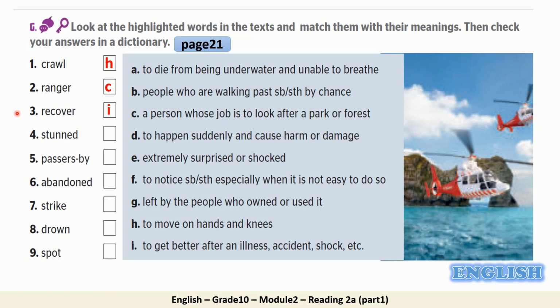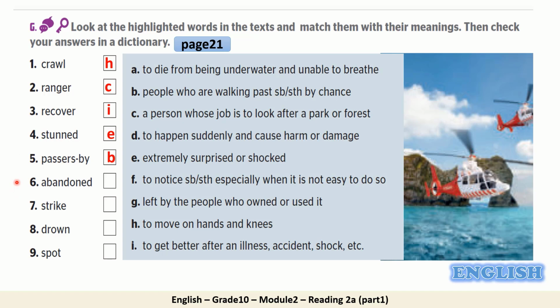I, to get better after an illness, accident, or shock. Number 4, stunned. The answer is E, extremely surprised or shocked. Number 5, passers-by. The answer is B, people who are walking past somebody or something by chance.